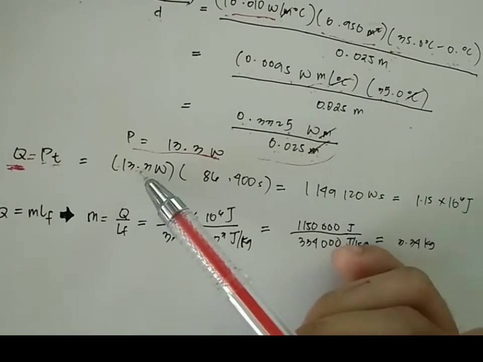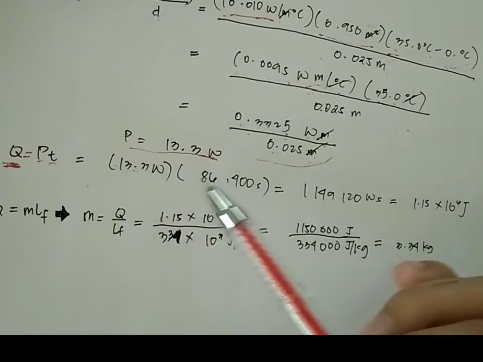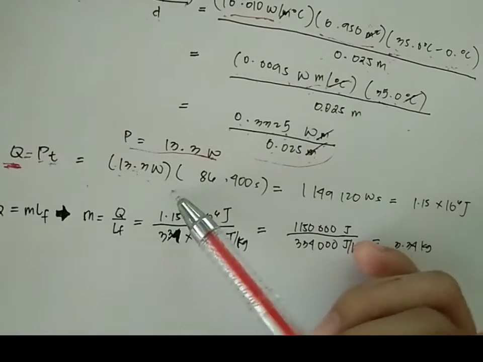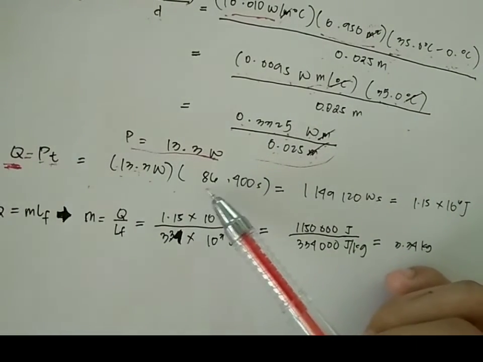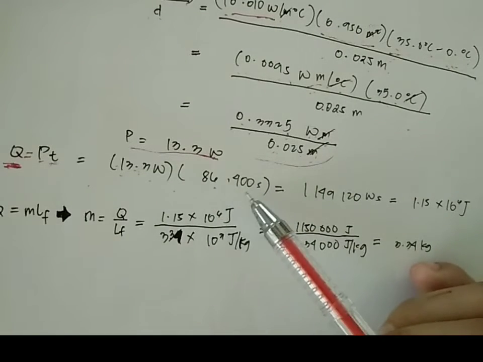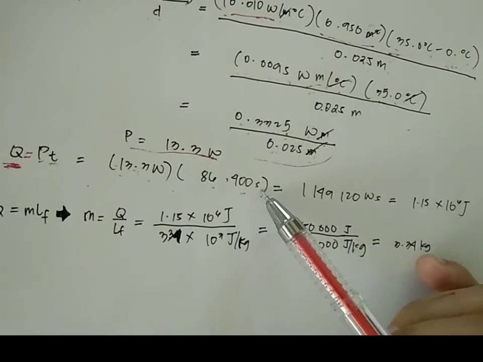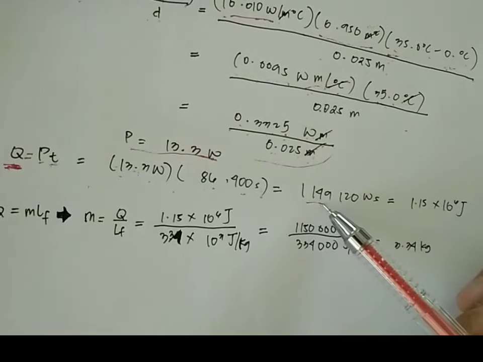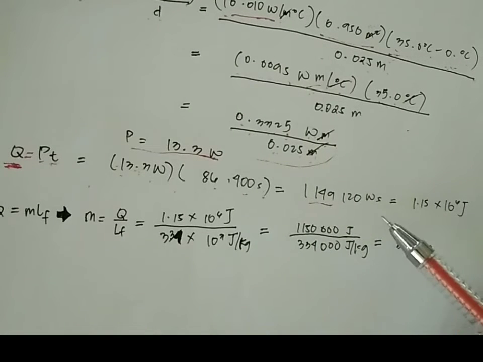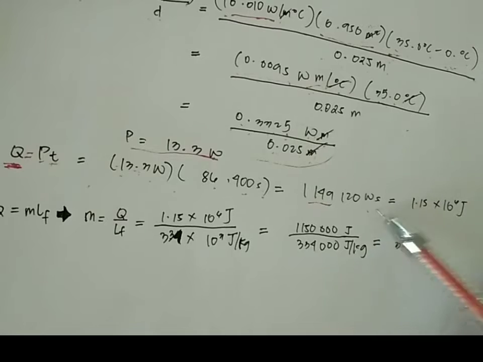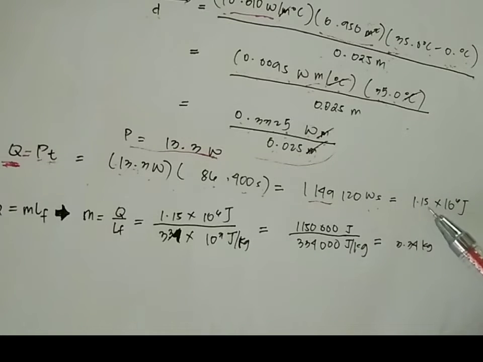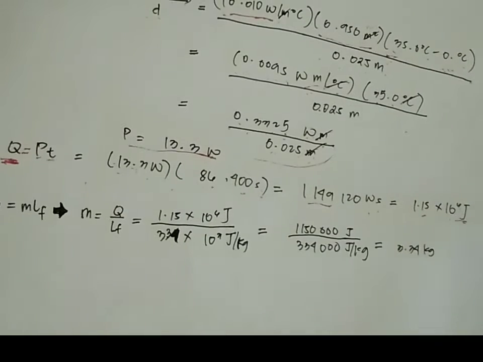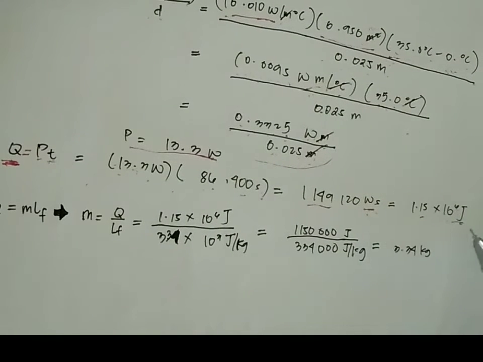So substitute the known values: 13.3 watt multiplied by the time, 86,400 seconds. It results in 1,149,120 watt second. It is equivalent to 1.15 times 10 to the power of 6 joules, since watt second is the same as joules.